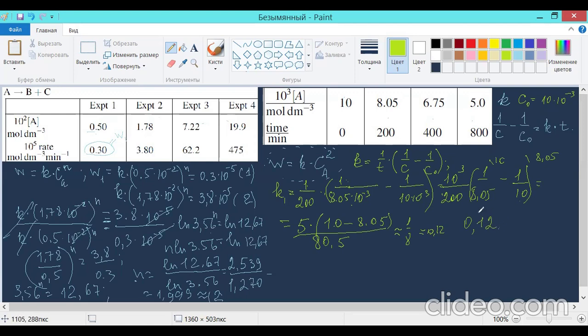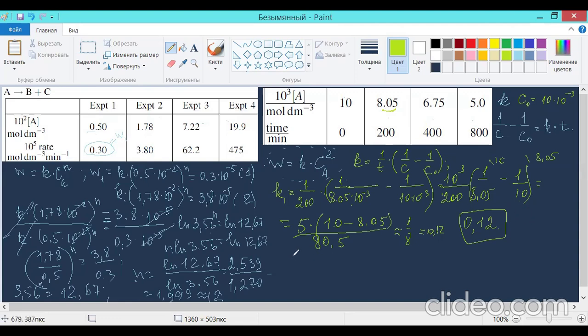The number of significant digits is 2, for that reason I round this value off to 0.12. Yes, this is the value of the rate constant.